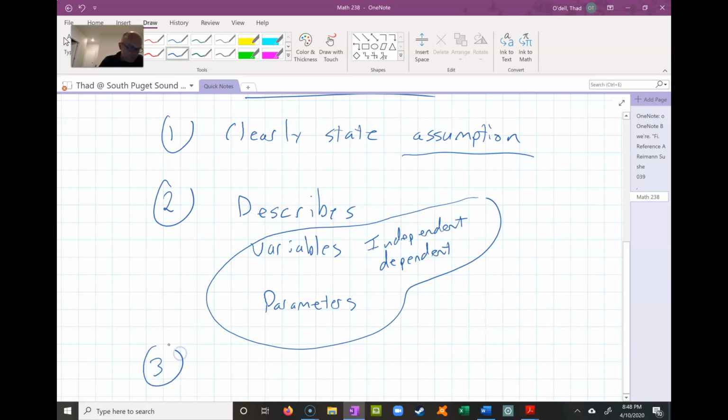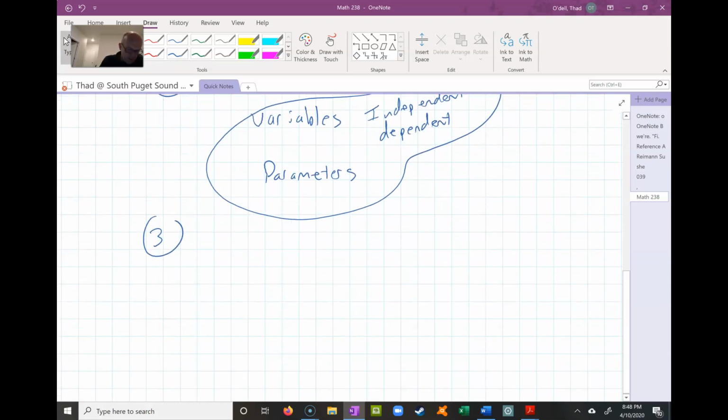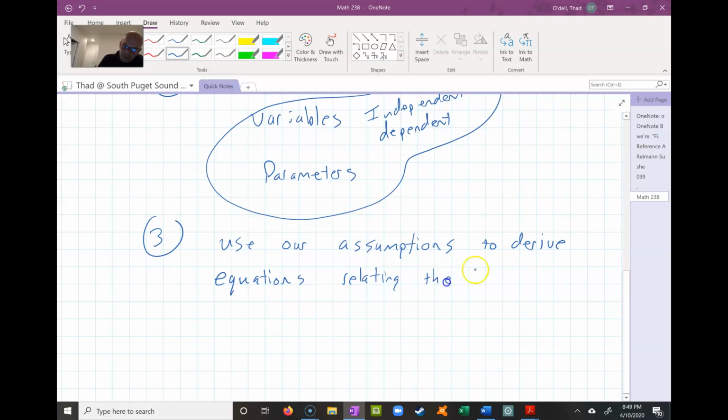So then the third step in building a model is, as I just said, we're going to use our assumptions to derive equations relating the stuff in step 2.